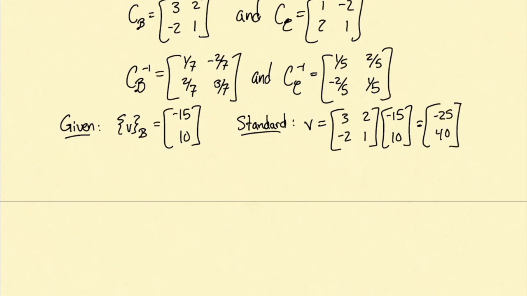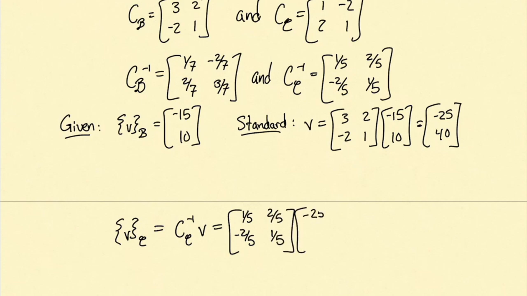Now, if we want to convert to coordinates for C, we can think about taking this vector, (-25, 40), in standard coordinates, and we'll get, by multiplying on the left by C sub C inverse, the vector (11, 18). So we can see that we can do this operation in two steps.